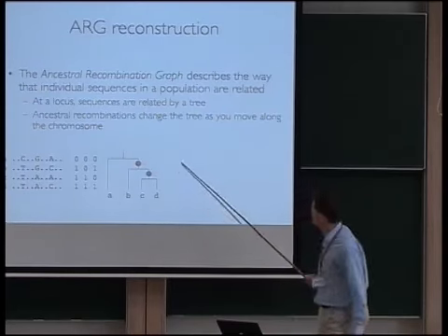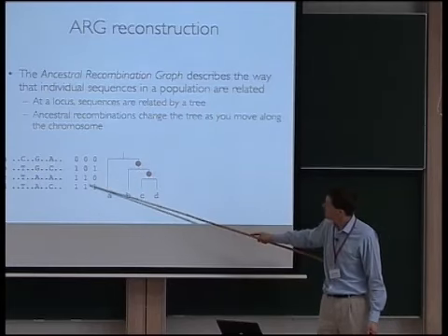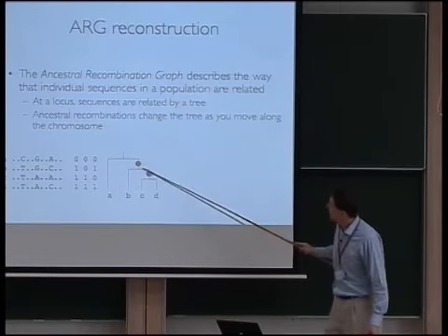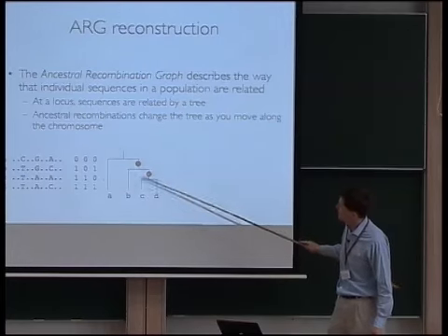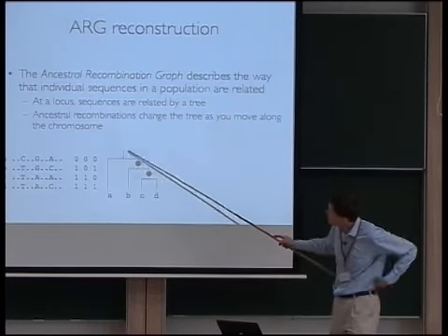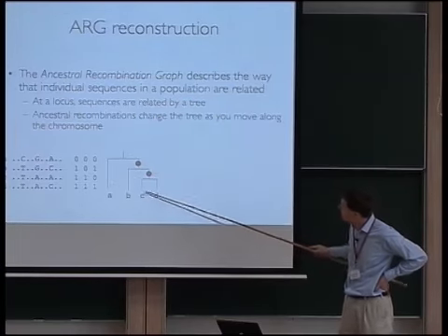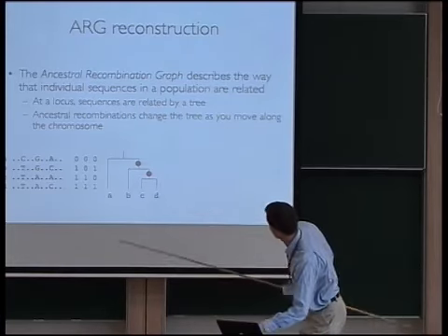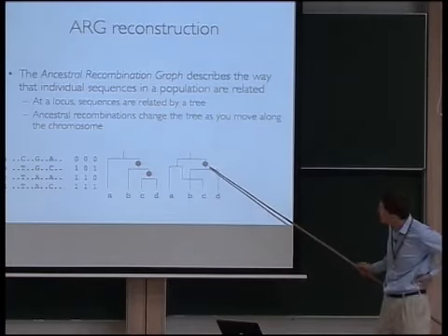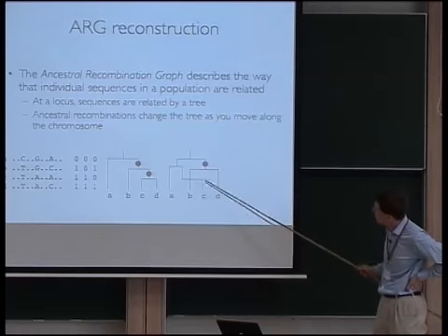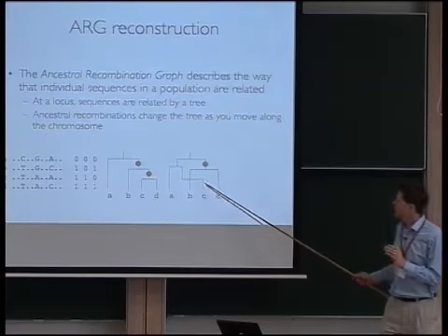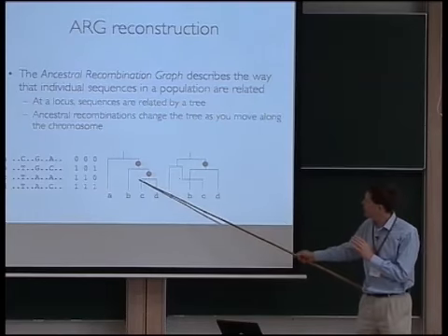And the same tree can explain the second position here. C and D share the mutation. But there's no way to put a single mutation on that tree which will explain the third position, where B and D share a mutation. You need a different tree, for example this one, where B and D share a mutation and A and C don't. So how do you flip from this tree to that tree?